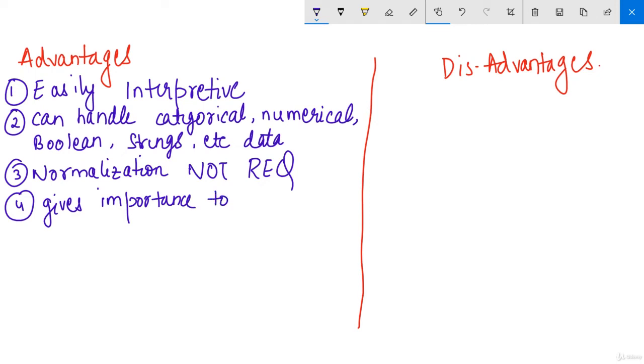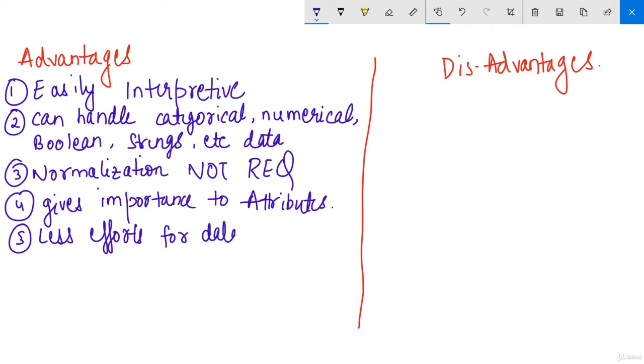Then we have fifth, the decision tree requires less effort for data preparation.